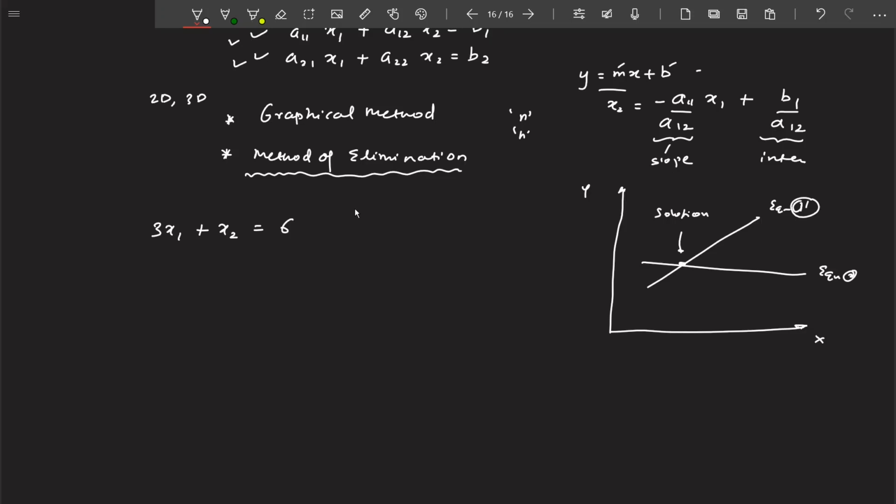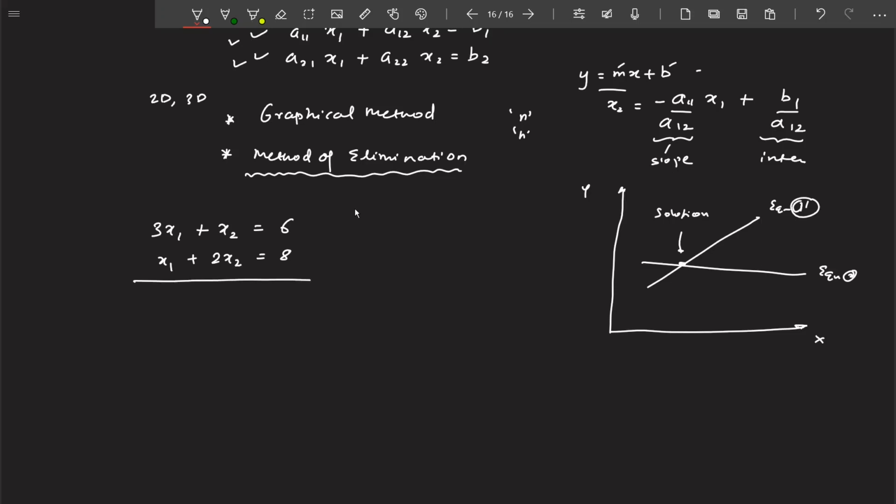So let us say this is one equation, and we have another equation, and we want to find the solution of these two equations. Now to find the solution, you are going to eliminate either x1 or x2, and find the value of the other variable.